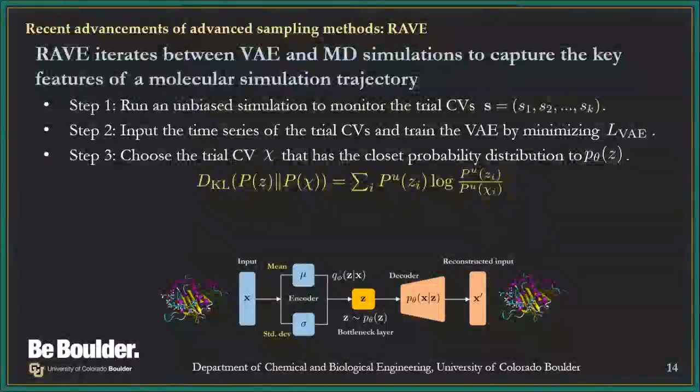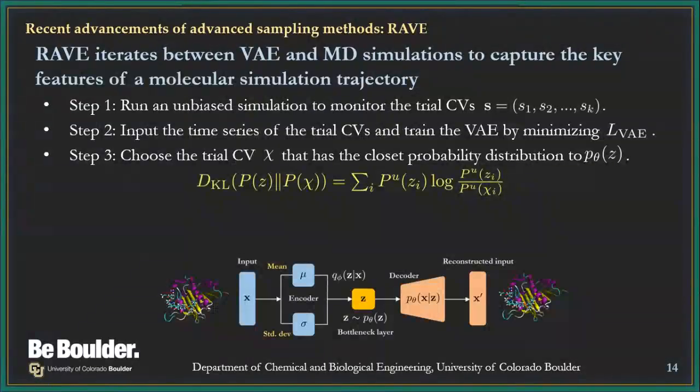That is, we use KL divergence to measure the distance between the unbiased probability distribution in the latent space and the unbiased distribution of the trial collective variables. The collective variable that has the closest probability distribution to p sub theta of z is denoted as chi here, which is the CV that is able to best describe the main features of the trajectory.